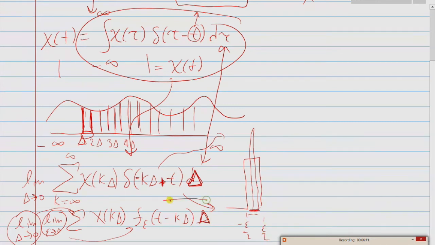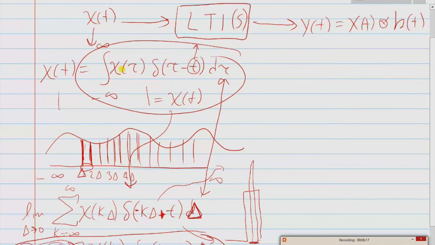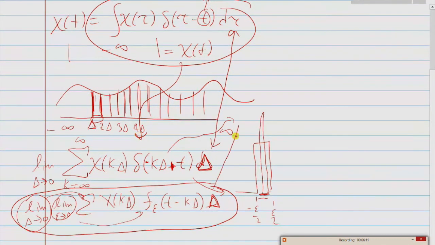So given that I have this input in this limit definition, I can pass this input onto an LTI system.